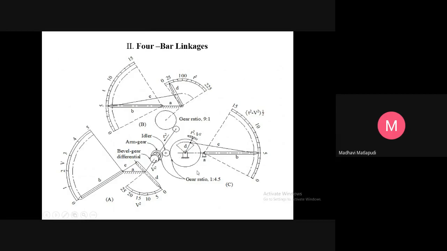Now coming to linkage C, it again comprises 4 links: link A, link B, link C, link D, and as usual link A is fixed. Now here the input angle is D, getting this input angle from the differential gearbox, that is T square minus V square. Now, what is the output?